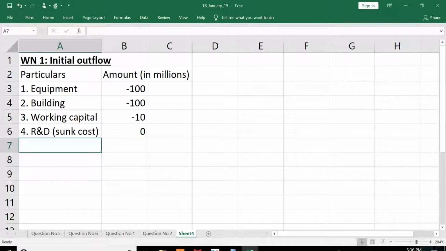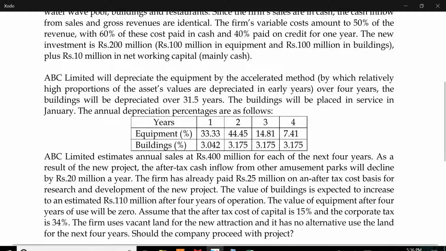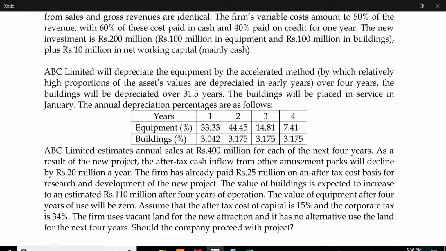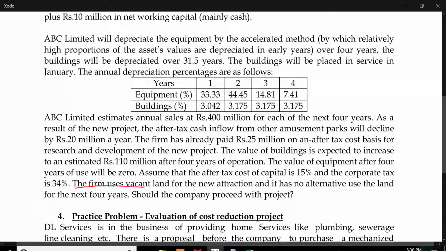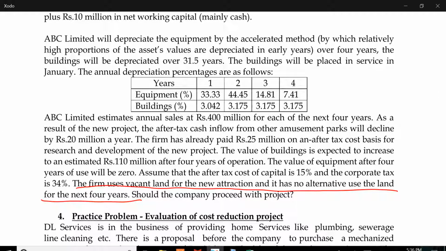Ideally, I should have considered one more expense, but I am not able to because they have not given a value. This says the firm uses vacant land for the new attraction and it has no alternative use of the land for the next 4 years. Though it does not have any alternative use, there will be a value for the land. So missing out land in the analysis can reduce your NPV.